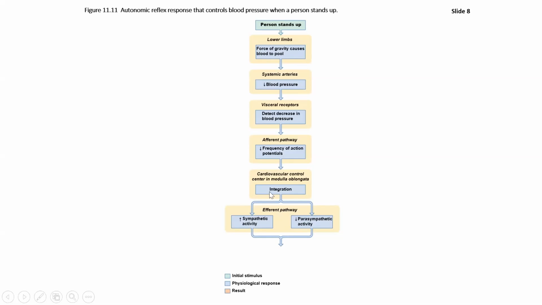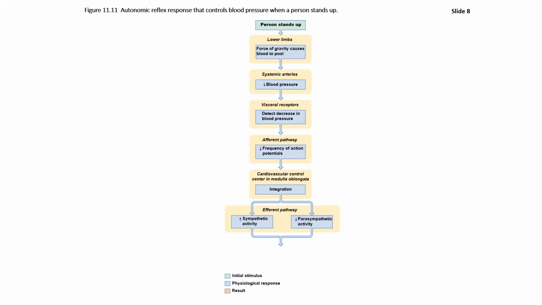The efferent signal with an E here is bringing back the response down to the tissue that needs to bring about a corrective measure, and that happens to be the heart, and that is going to be an increase in the sympathetic activity, but likewise, there needs to be a decrease in the parasympathetic activity.